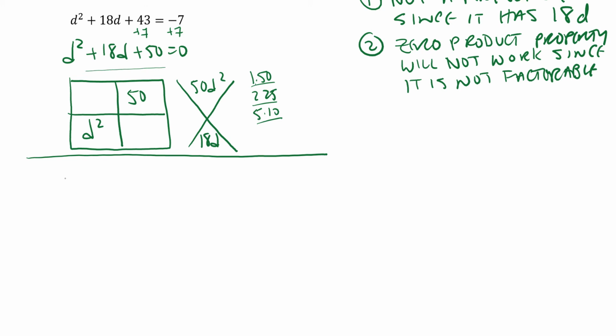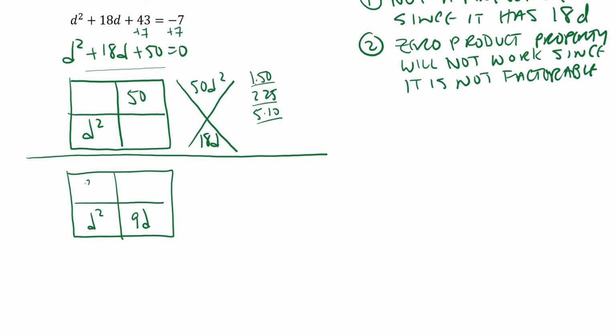So I've got d squared, and then I want this to be 9d and this to be 9d. So then I have d plus 9 and d plus 9. And so this here has to be 81 to complete the square.